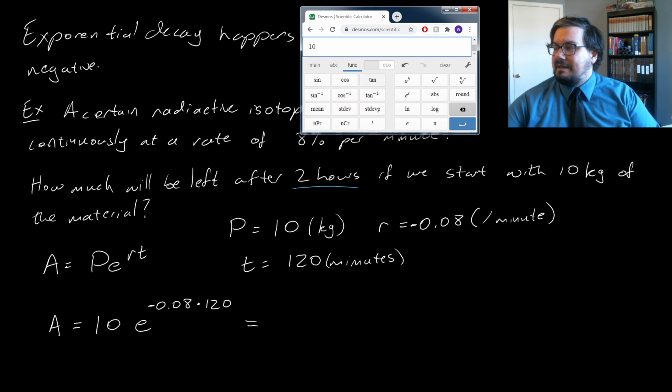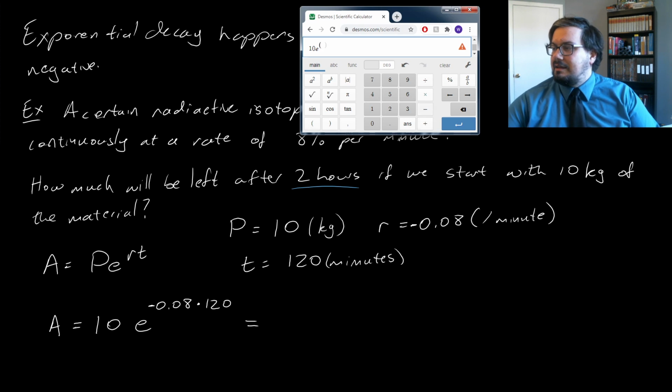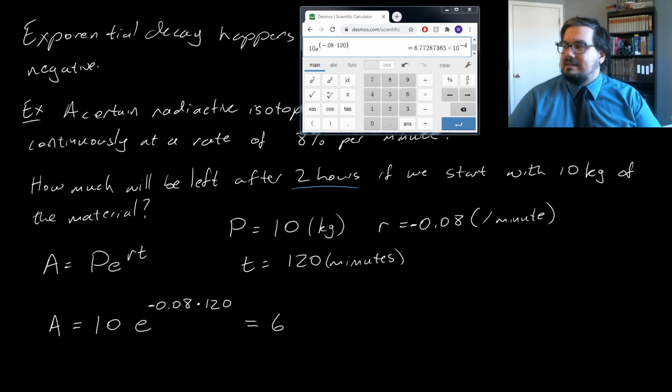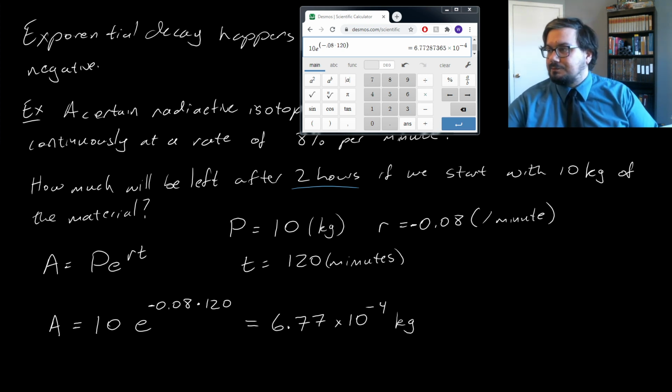This will be 10 times e raised to the negative 0.08 times 120, and that will give us 6.77, I'll leave it there, 6.77 times 10 to the negative 4th kilograms.